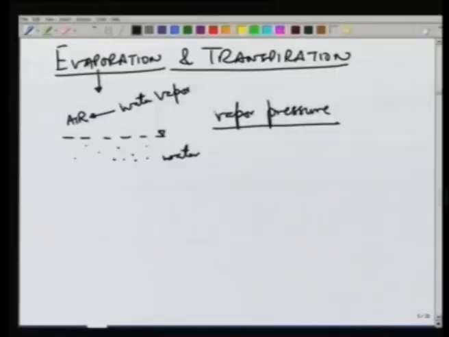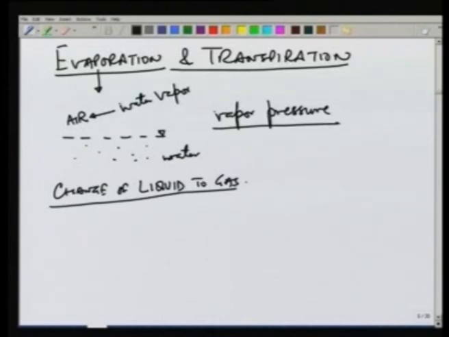So, we can write the process of evaporation as change of liquid to gas below boiling point. Of course, you have one change which is because of boiling, when the liquid is converted to gas, but below boiling point the change of liquid to gas occurs because of the difference in vapor pressure.